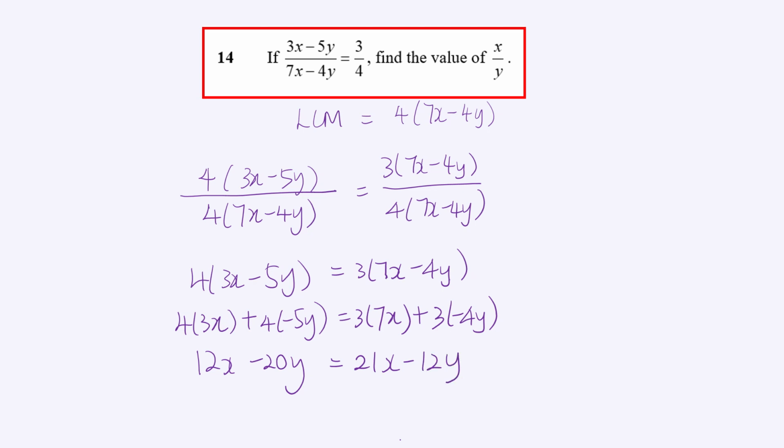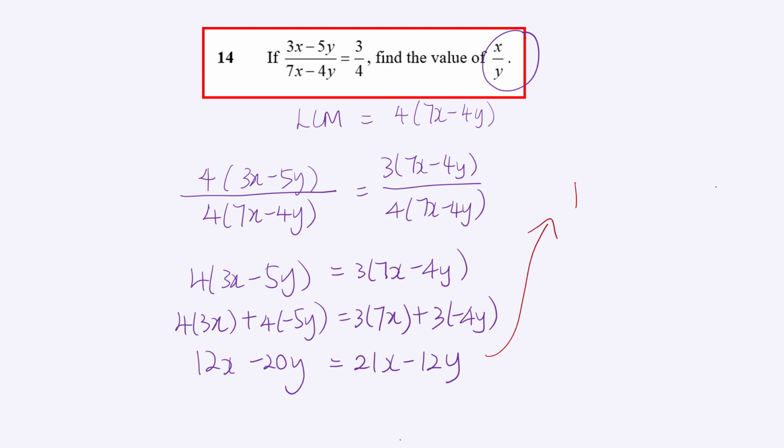So what we need to do now is, if we were to examine, we have two variables there, variable x and variable y. So we're not going to find the value for x, not going to find the values for y. No, we're just going to make it a fraction. That means basically on my left hand side, it's just going to be x over y only. So what we're going to do is we're going to group all your x terms together and all your y terms together. So how do we do it?